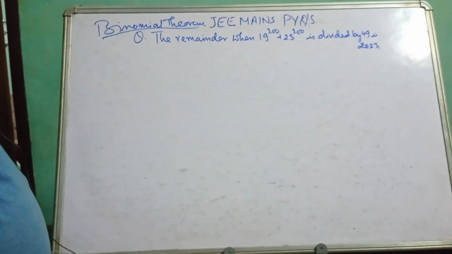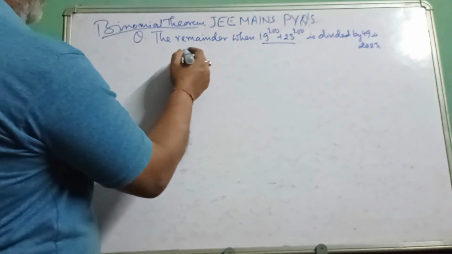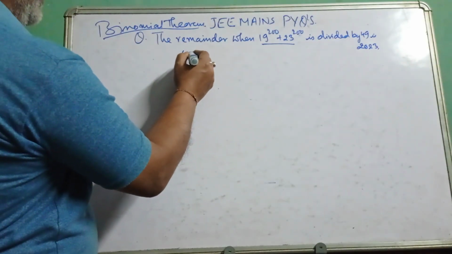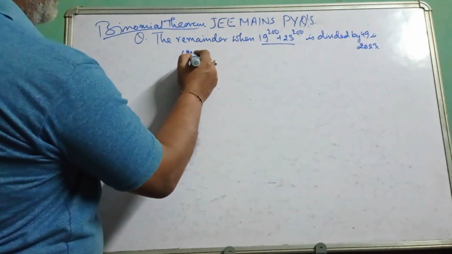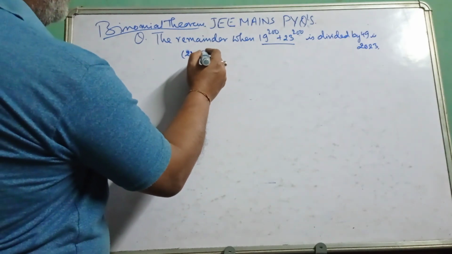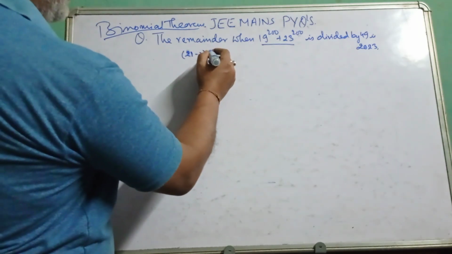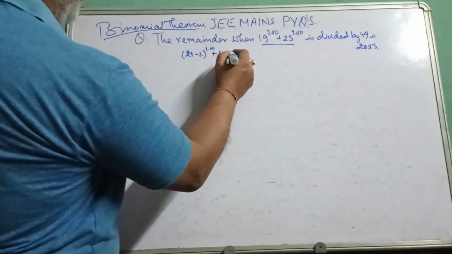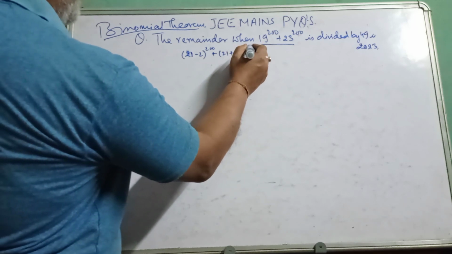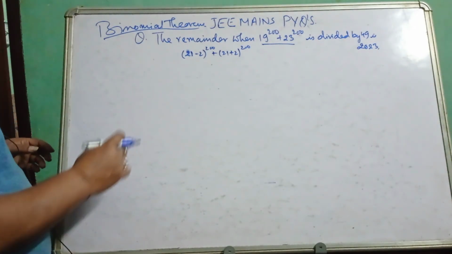So to solve this, here see, 21 minus 2 to the power 200 plus 21 plus 2 to the power 200.